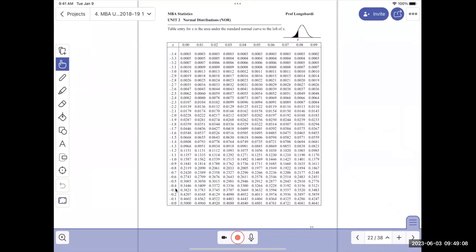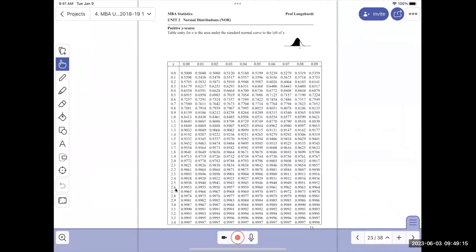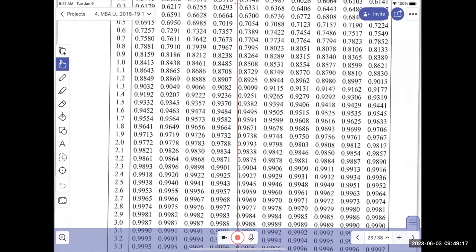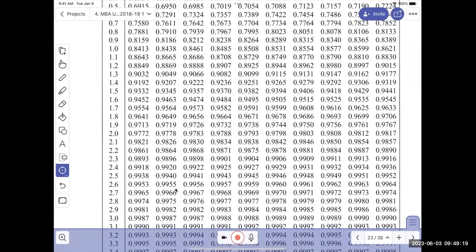So I look up 0.980 inside the table. And 0.98 is about here between these two.